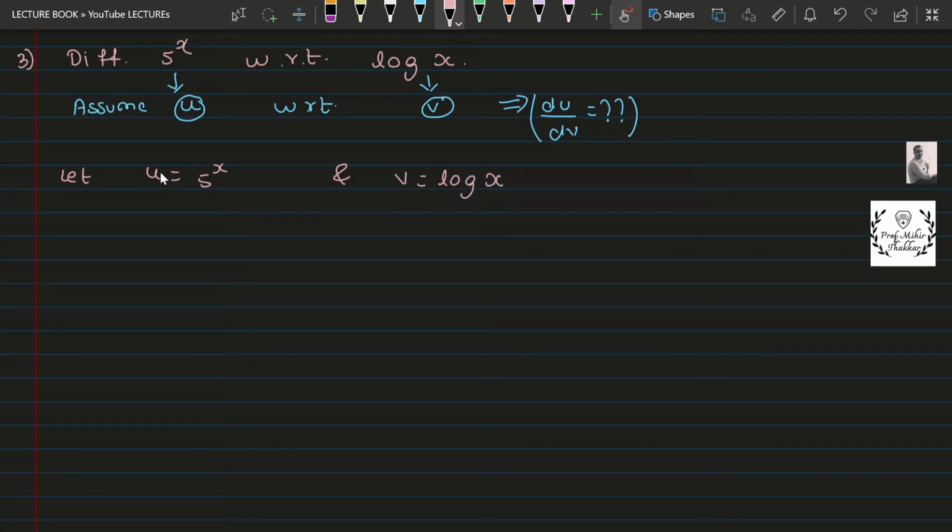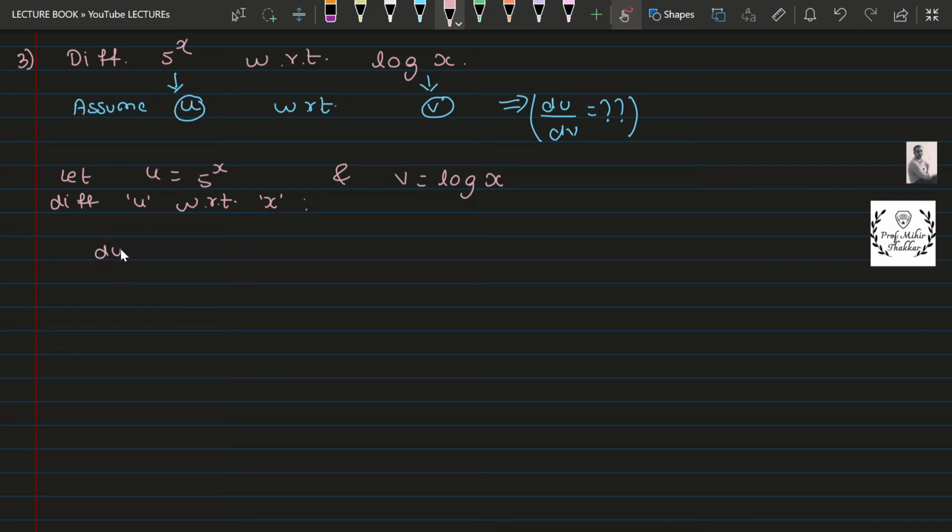Once again, u is a function of x, v is also a function of x. Therefore, we say that these are parametric functions and I have to differentiate u and v both with respect to x. So let us see how. Differentiate u with respect to x.